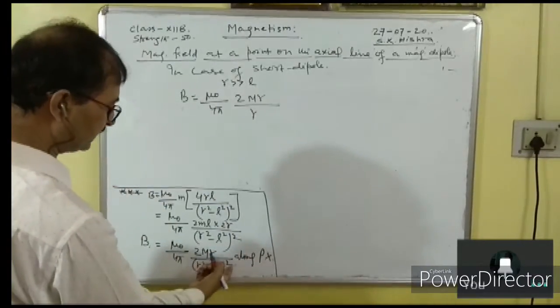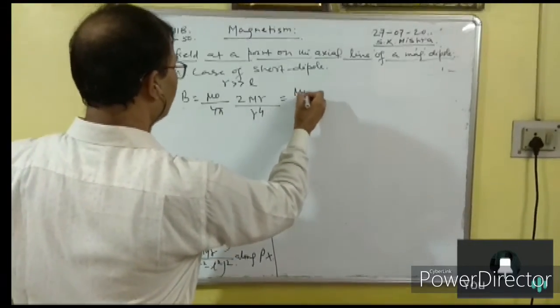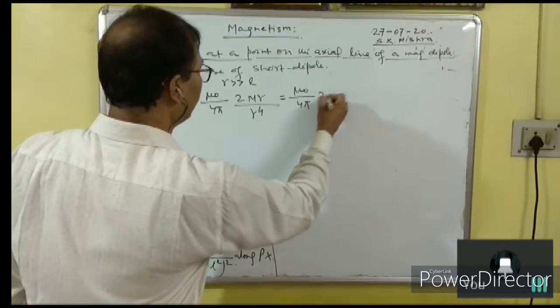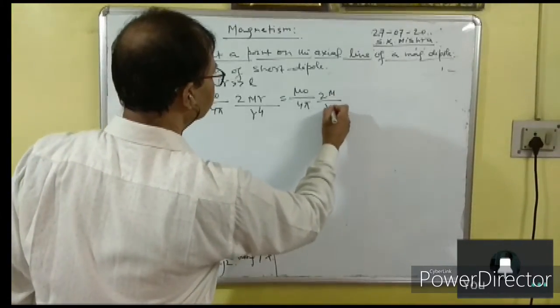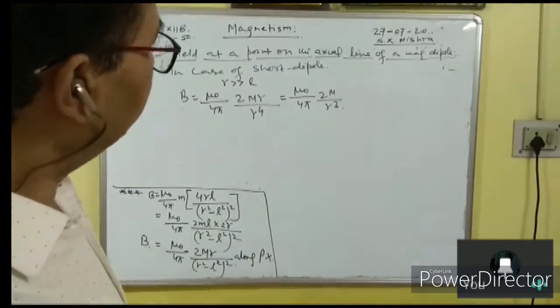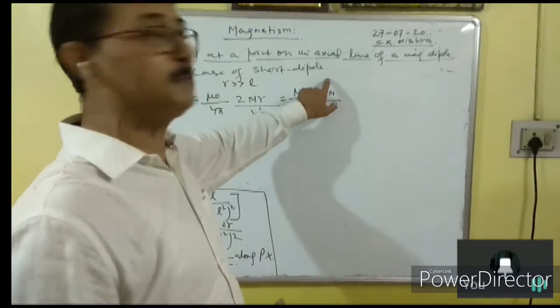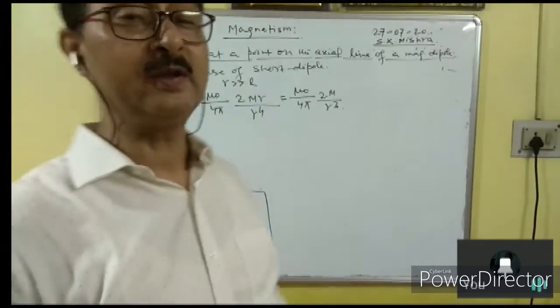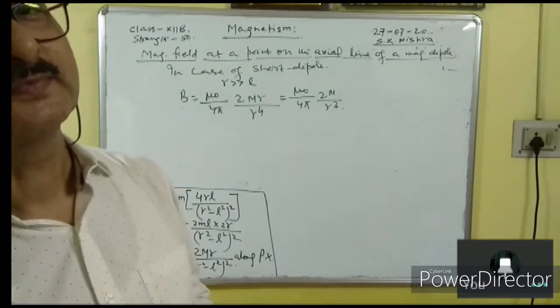Now, I have to rub this board. Because of the denominator of this one, if you just compare the denominator, you will understand why B1.